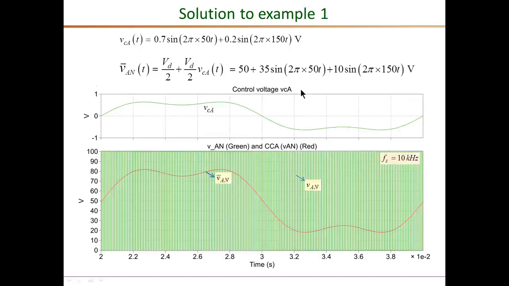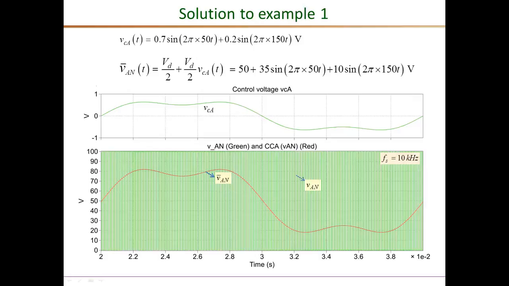This is the control voltage applied in simulation, and this is the switching signal, the green waveform. That is the instantaneous VAN. As expected, it is switching between 100 and 0, and its cycle by cycle average is what is shown as this red waveform, and that follows the control signal waveform but amplified by a gain of 50, and it also has a DC offset added.